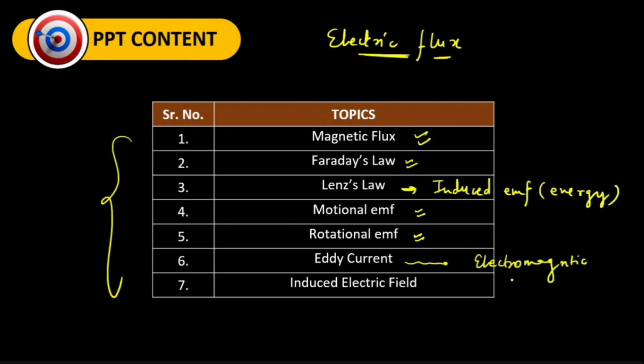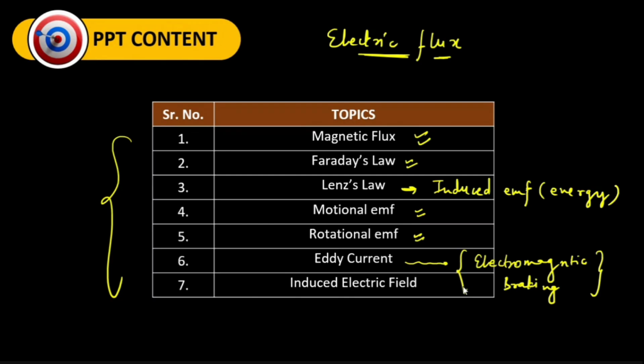Whatever braking system we observe in railways, sometimes in metros, or in any high speed moving vehicle, high speed moving trains, basically, they use eddy currents. So we'll talk about that also.